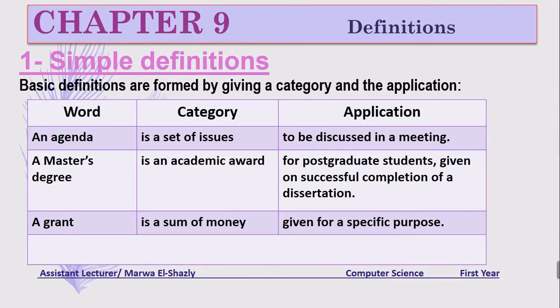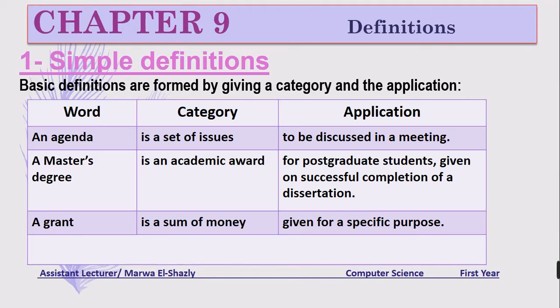Regarding the first part, simple definitions: basic definitions are formed by giving a category and the application. Category means الفئة and application means التطبيق. The term here is an agenda. Category is a set of issues, مجموعة من المسائل اللي يجب مناقشتها. The application: to be discussed in a meeting, بيتم مناقشتها في اجتماع.